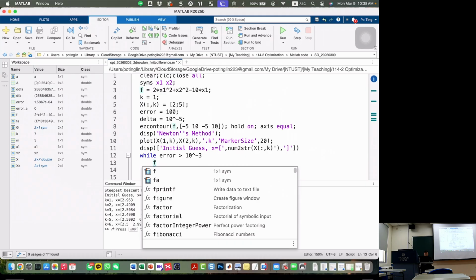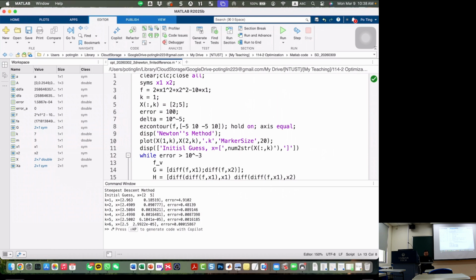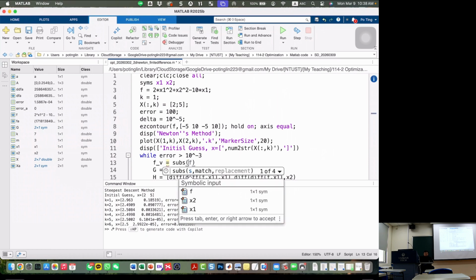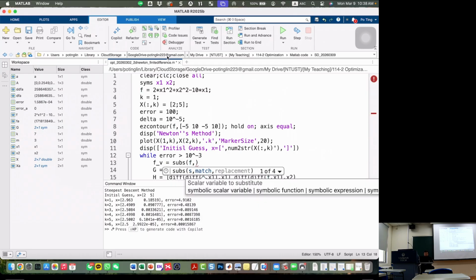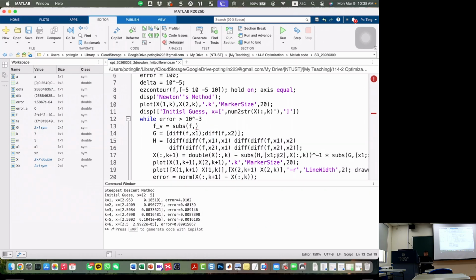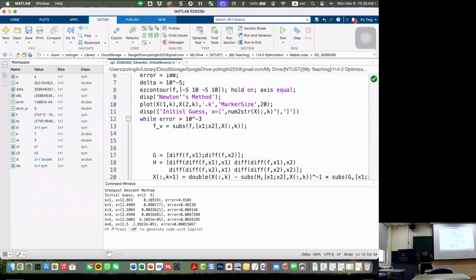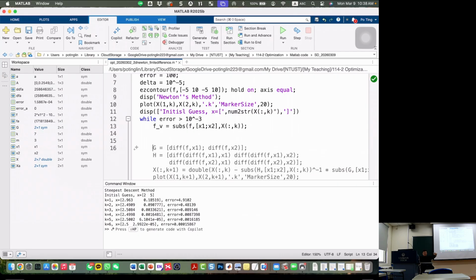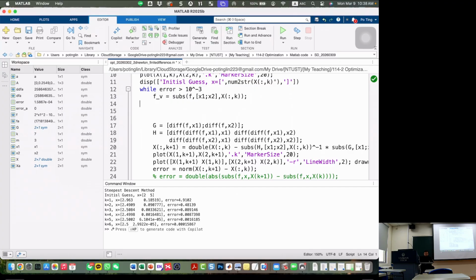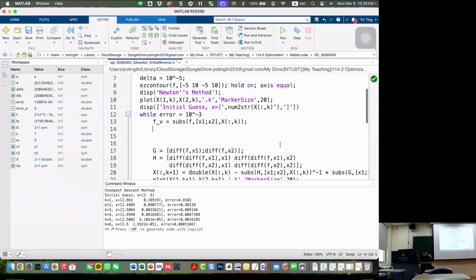I will call it FV, the F value. So substitute f, and here x1, x2. The value at the current design, I will just use underline V to represent the function value at the current position.